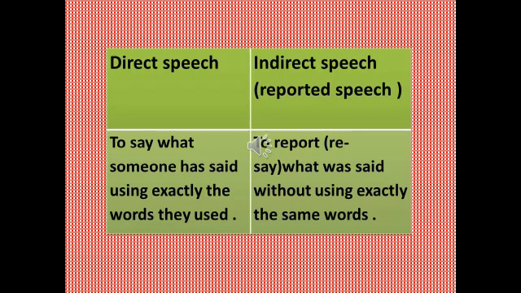But indirect speech or reported speech is to report or re-say what was said without using exactly the same words. You have to make changes, and we will learn how we change direct speech into indirect speech.